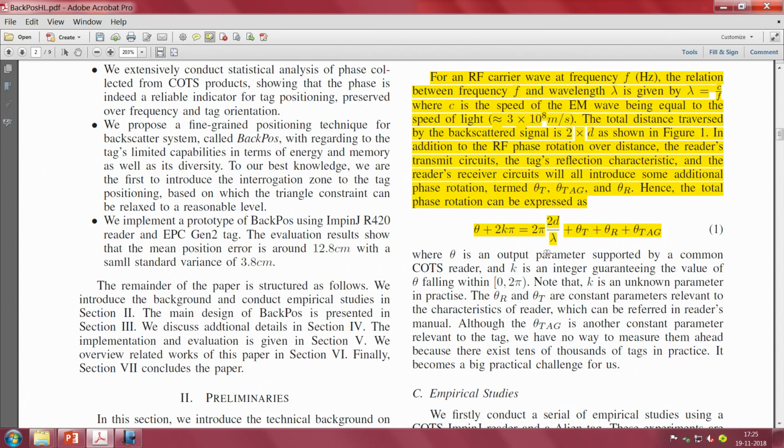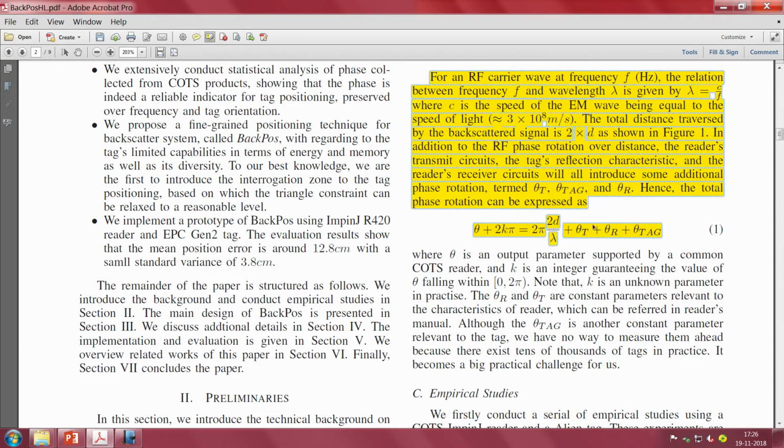Now, if you take 1 and you take 1.1, supposing 1.1 is another phase for another distance, you take the reader to another position, you get back the same expression, and you do a phase difference. Now, substitute theta 1 for one separation and theta 2 for the other, then you do theta 1 minus theta 2.